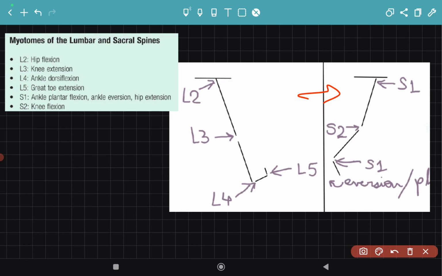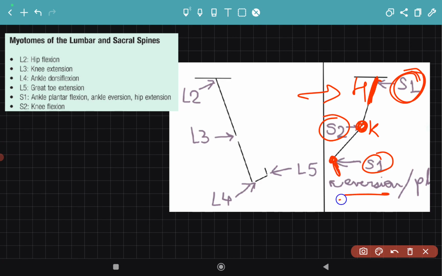Again, it can be discussed on this diagram. Hip extension is S1 myotome, then knee flexion is for S2 myotome, and again coming back to S1, the ankle joint: ankle plantar flexion as well as eversion is for S1 myotome.